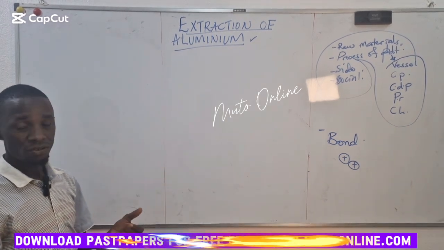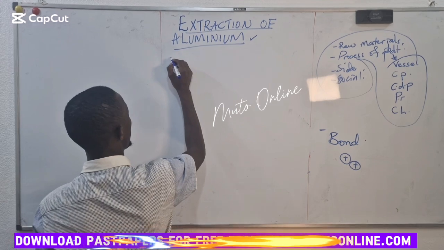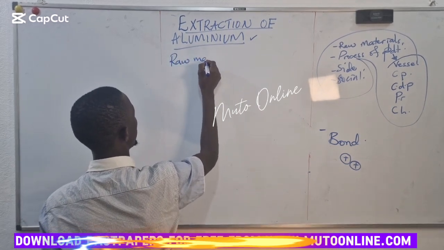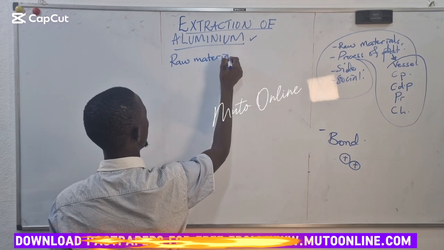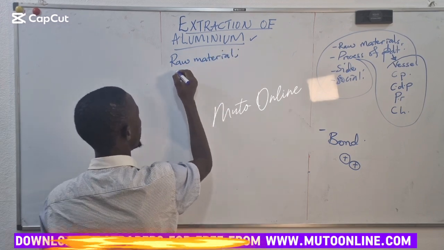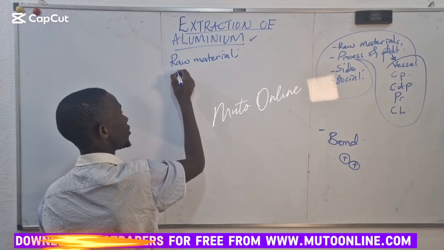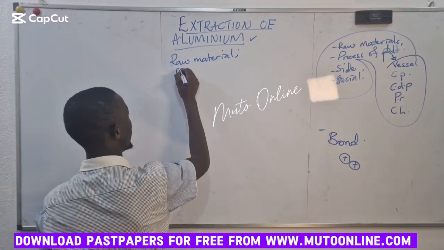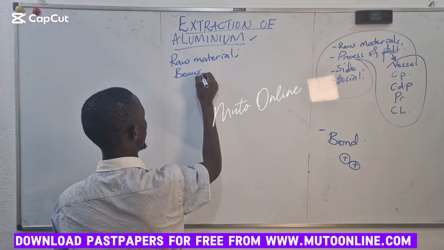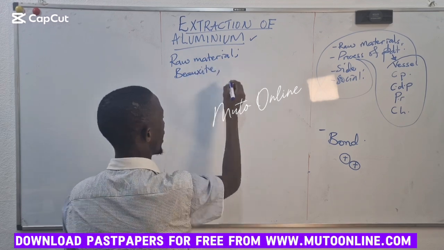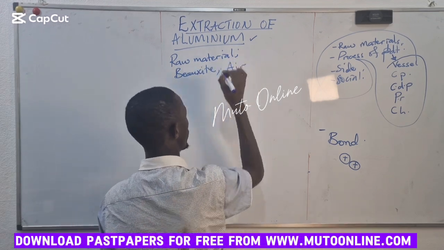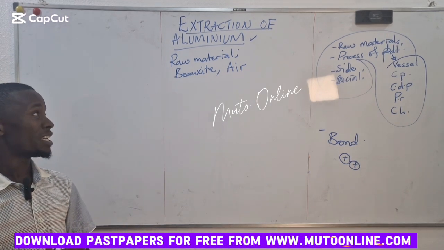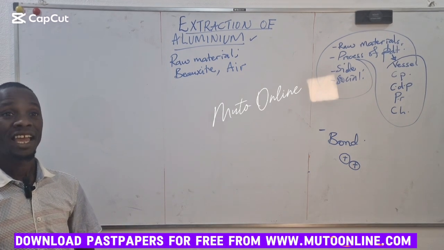We are here to go through the extraction of aluminium, and the raw materials for this process of extraction of aluminium are as simple as the ore, which is usually bauxite. We need air, because the process of burning of the ore needs air.